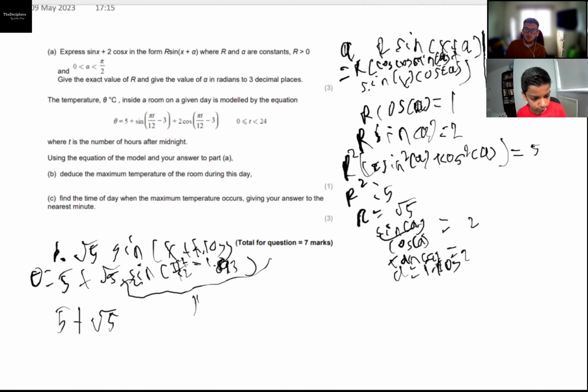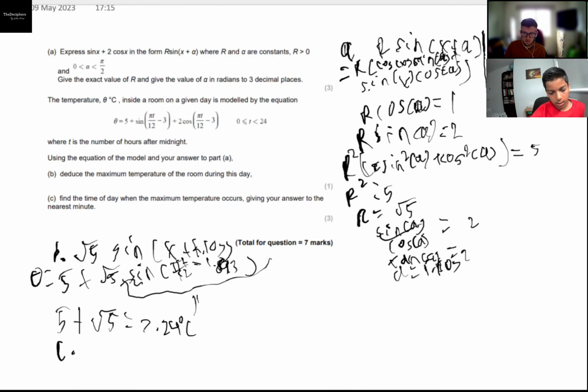Yay! And you get the marks for that, but because it's temperature, it makes more sense to think of temperature not as 5 plus root 5, but as 7.24 degrees Celsius.